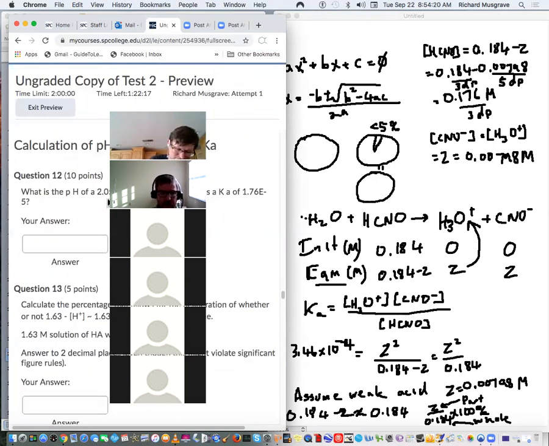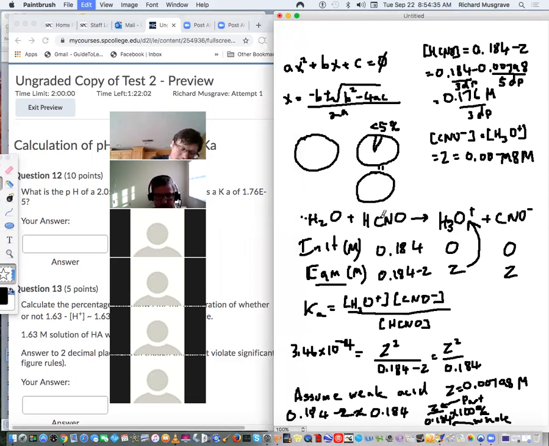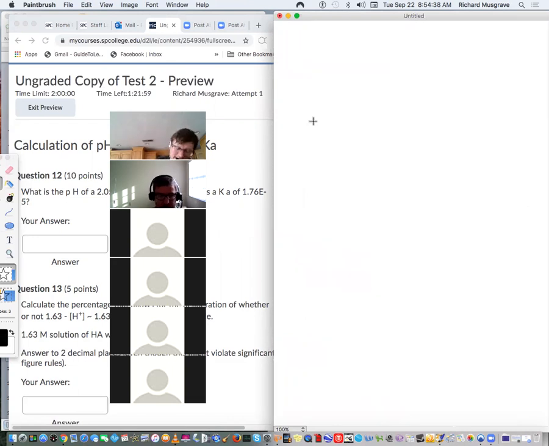It's asking what is the pH of a solution of 2.05 molar HA that has a Ka of 1.76 times 10 to the negative 5. So for this one, you can work it out, obviously. And I'll just do it kind of rough over here.